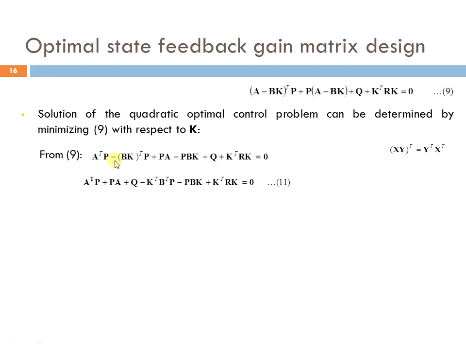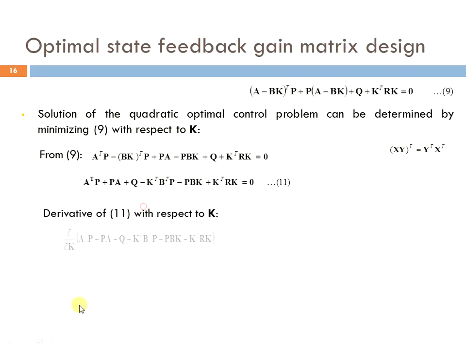Then we can get rid of this parenthesis also by applying the transposition to the terms in the parentheses. Here we want to remember that the transpose of a product of two matrices is equal to the product of the transposes of the matrices, but in reverse order.